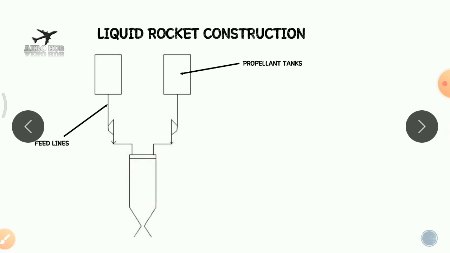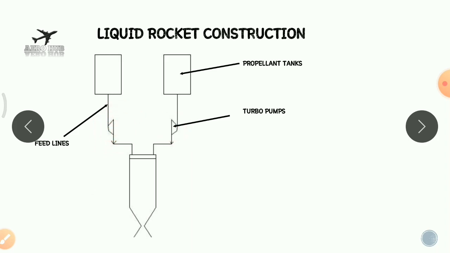The main function of the feed lines is to carry the oxidizer and fuel, which are in liquid form, to the thrust chamber. For that we need something called turbo pumps. You can see here this one is one turbo pump and this one is the second turbo pump.